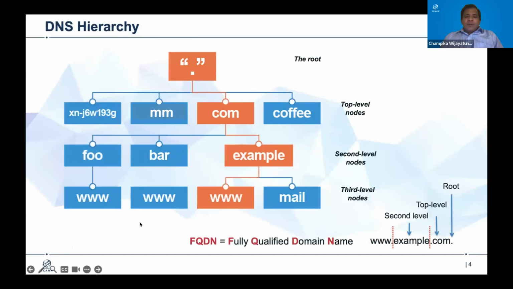Now, when you think of DNS, it is a hierarchical database. I have used the term database, but in DNS terms, we call it a zone. So a zone is actually a database. In documentation, you may also see the term domain.